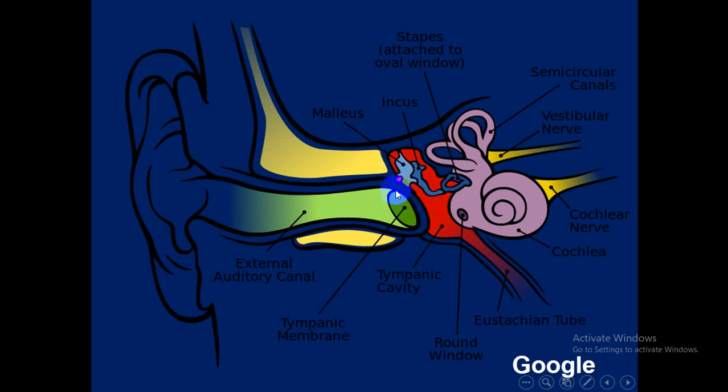The tympanic membrane slopes obliquely downwards, forwards and medially. ولهذا external acoustic meatus anterior wall on the floor is longer than the posterior wall and the roof، لأن tympanic membrane راح يكون obliquely.